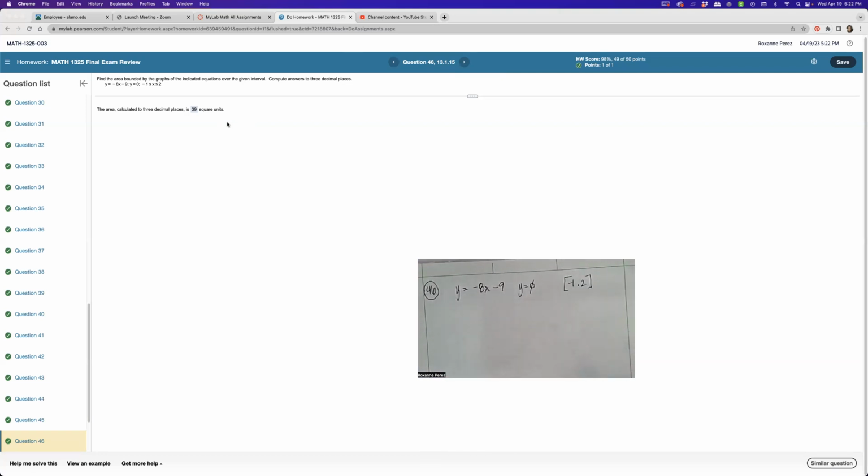Okay, so we're going to integrate from negative 1 to 2 of negative 8x minus 9, which is going to give us negative 8x squared over 2 minus 9x.